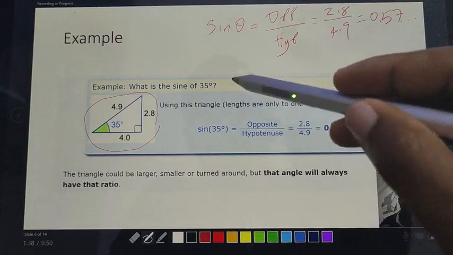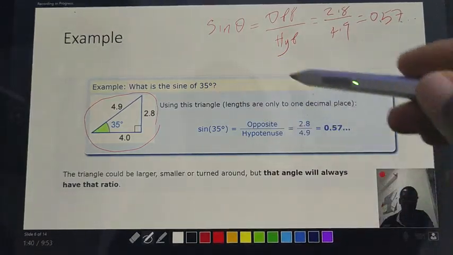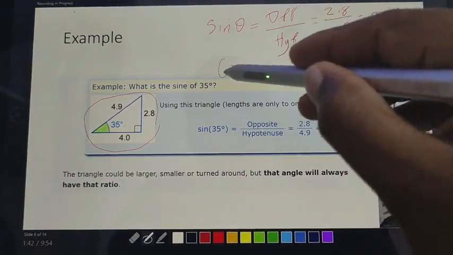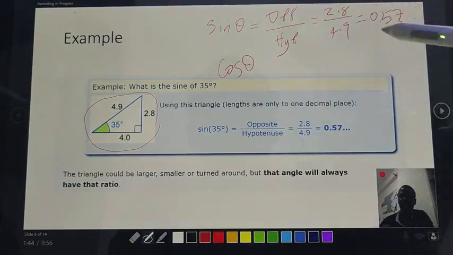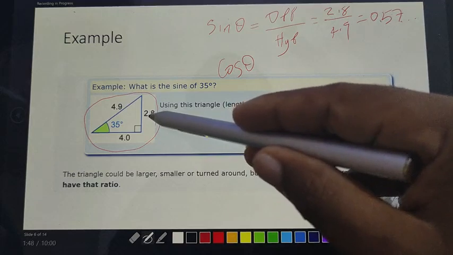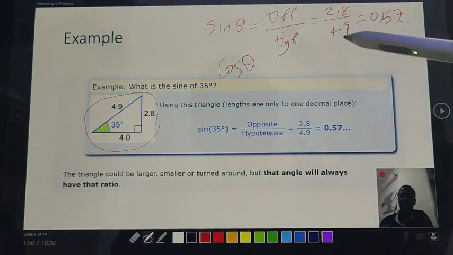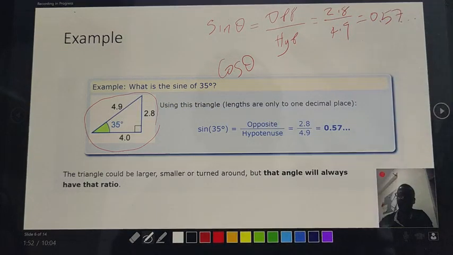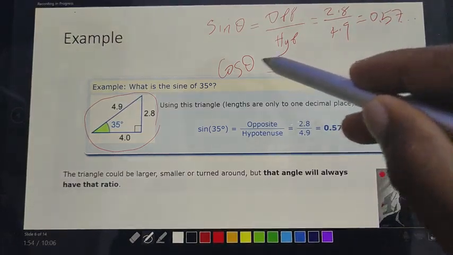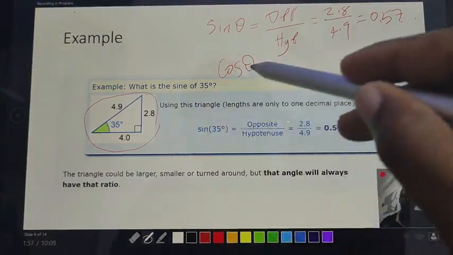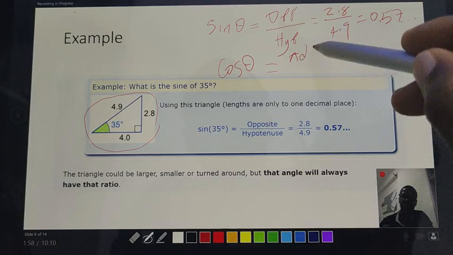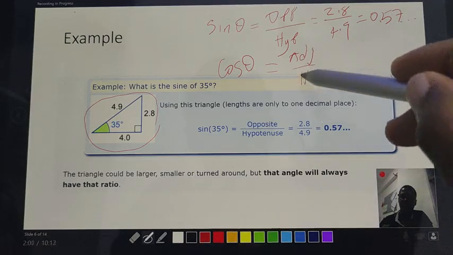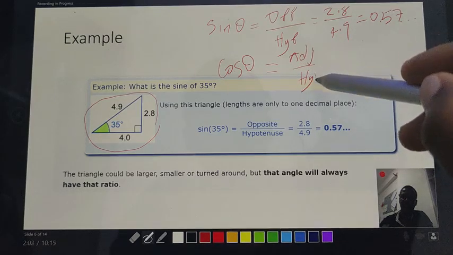Remember, you're going to do cos theta as well. This is just a ratio, which is 2.8 over 4.9. Cos is the adjacent over hypotenuse.